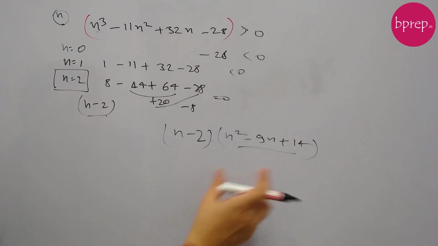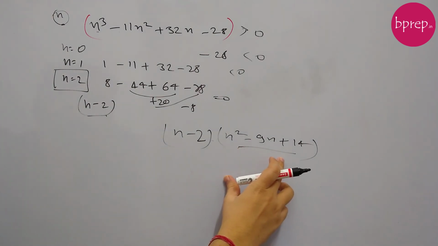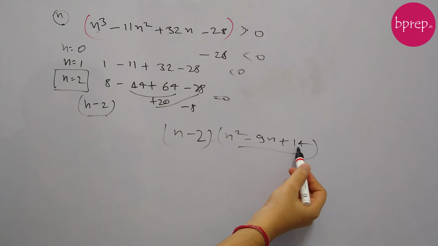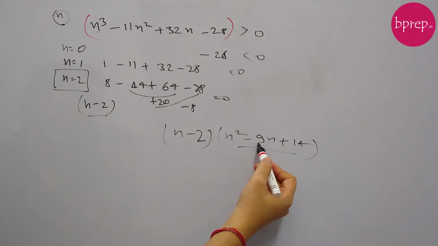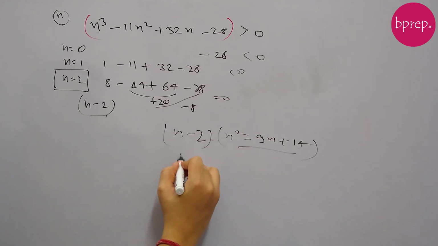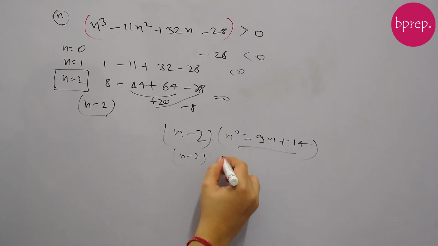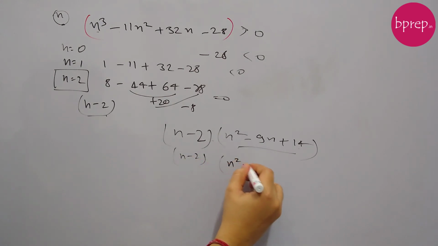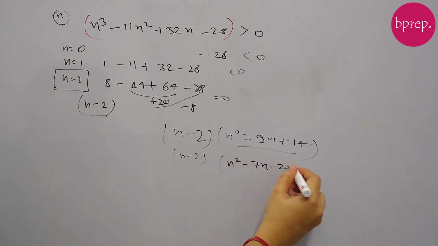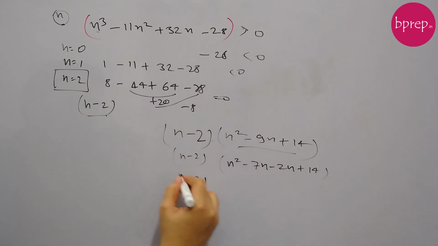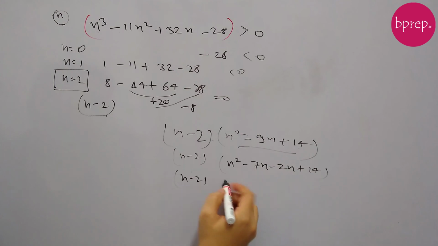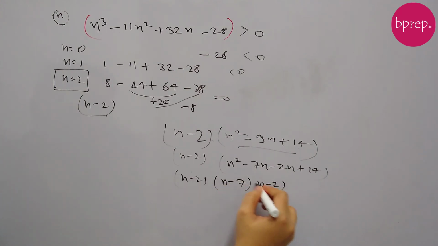Again, this can be factorized further. We have 14, and minus 7 minus 2 is minus 9. So this can be written as n minus 2, and then n square minus 7n minus 2n plus 14. We'll get a few more factors from here: n minus 7 and n minus 2.